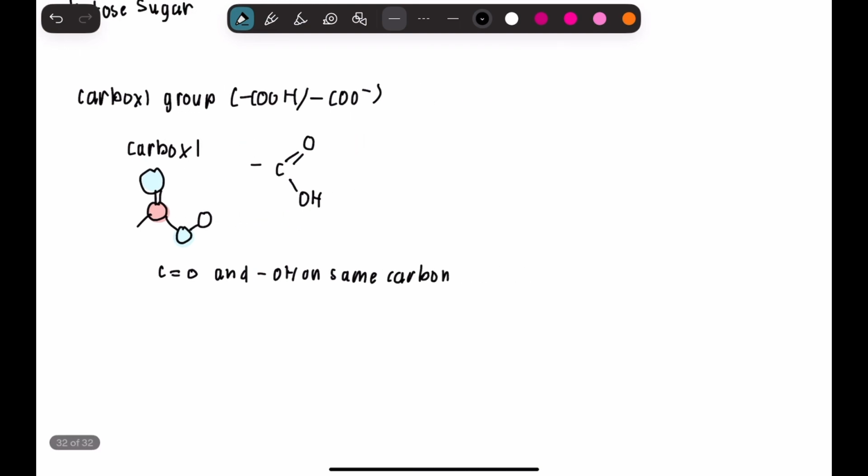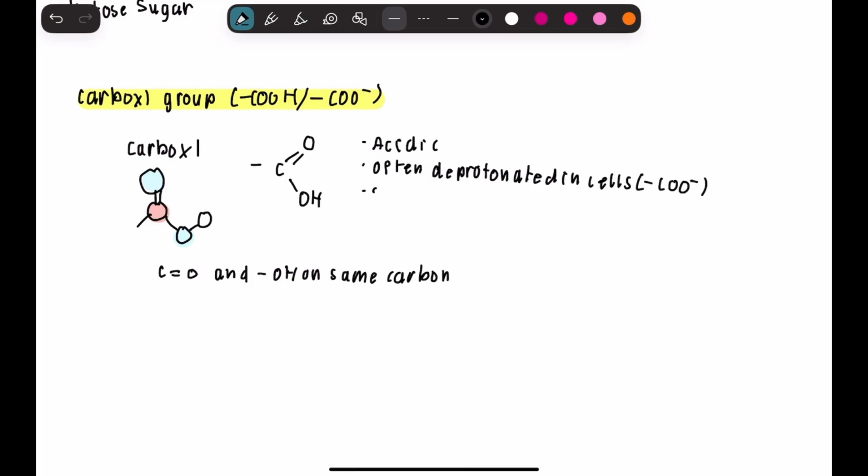Some characteristics are that they're acidic, they are often deprotonated in cells, so that's COO minus, and there's strong H bonding.